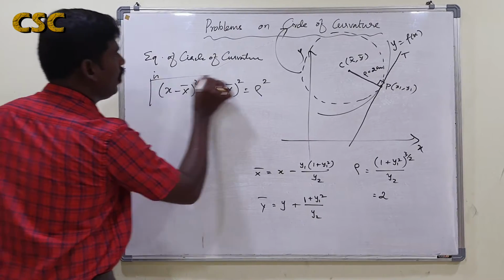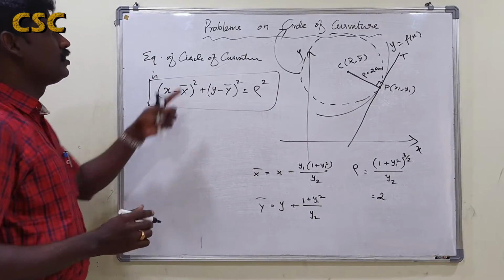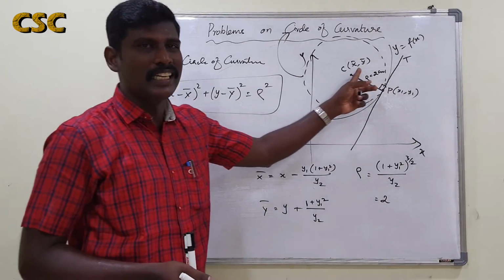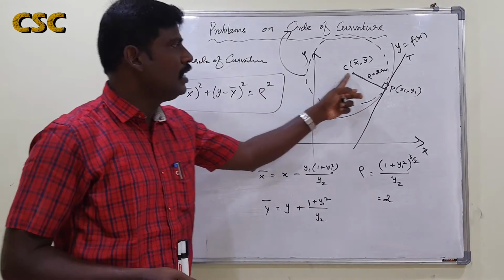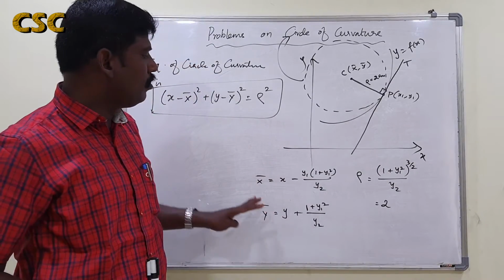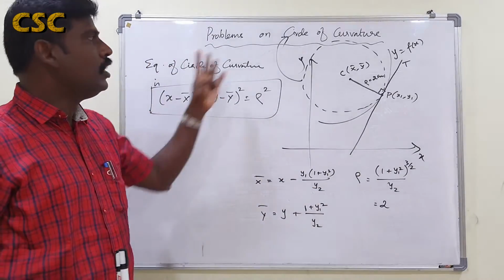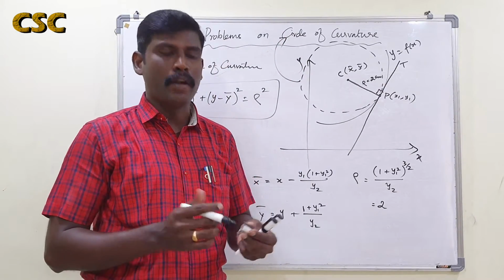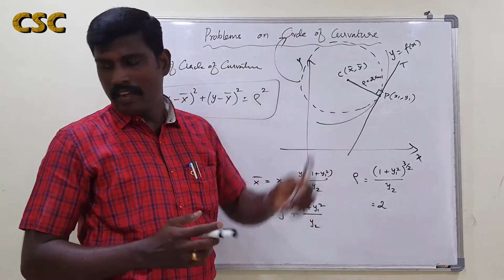This is the formula to find the equation of circle of curvature. x bar, y bar is the center of curvature and rho is the radius of curvature. So using these three formulas, find these three values and substitute here, you can get the circle of curvature. So let us go to solve a simple problem related to circle of curvature.